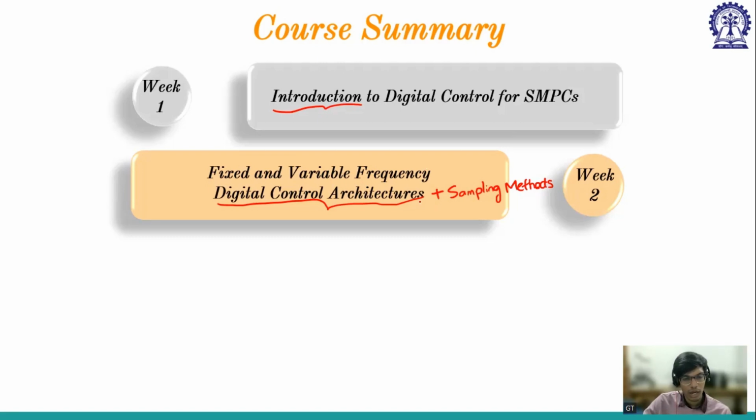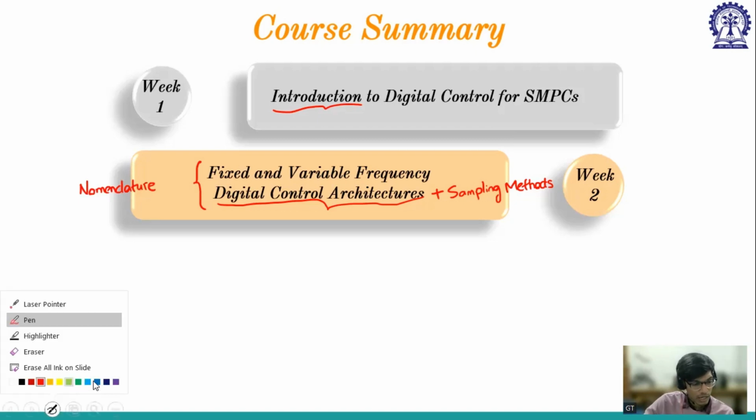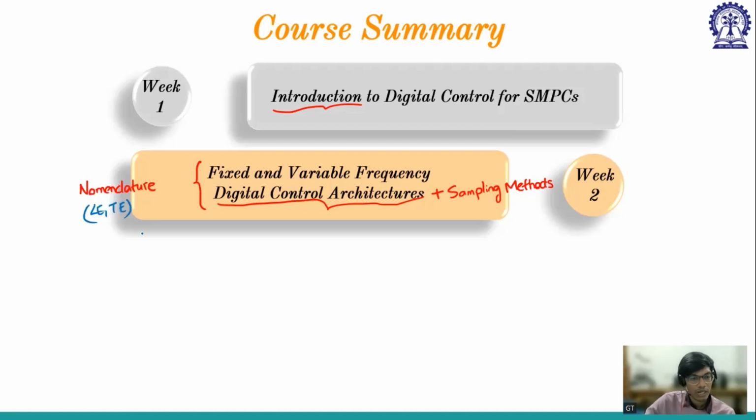Apart from this, we have also seen mainly the nomenclature. Suppose an architecture is given, what is the nomenclature that we use to define it? What do we mean by leading edge, and what do we mean by trailing edge? And what are interval 1 sampling and interval 2 sampling?